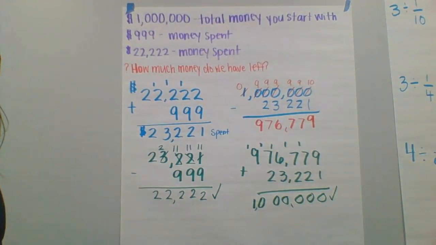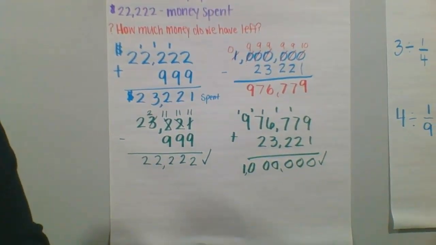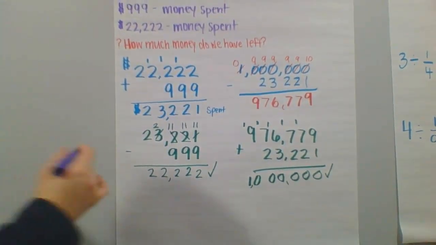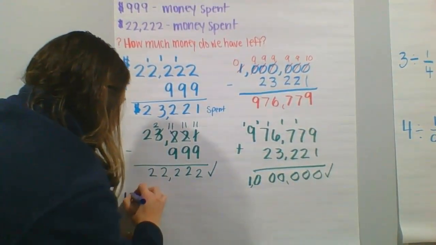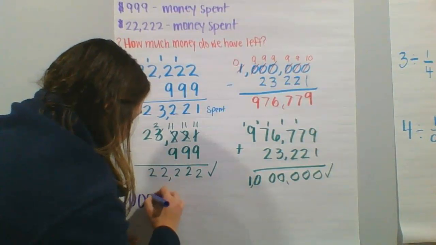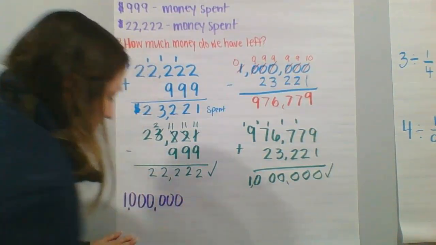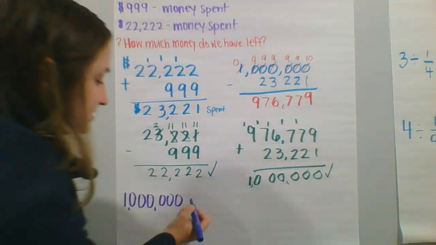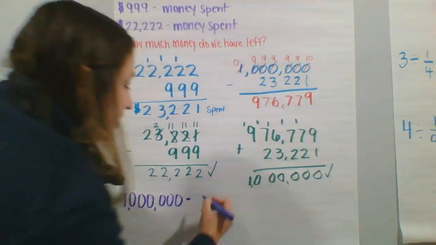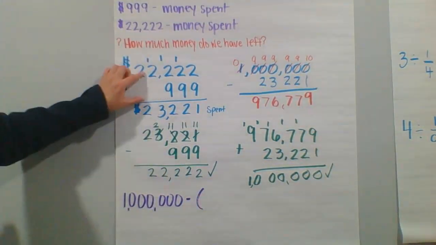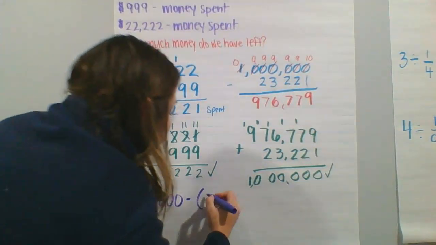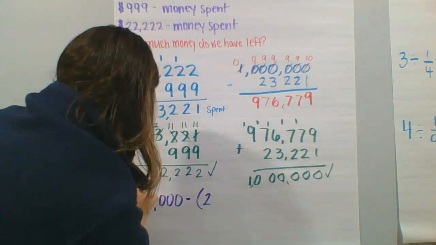So the first thing that you actually want to make sure that you have on your paper is that 1 million. Because we're going to be subtracting from this. So put your subtraction symbol, and then you want your parentheses because we have to do this first. Oh, dollar signs.